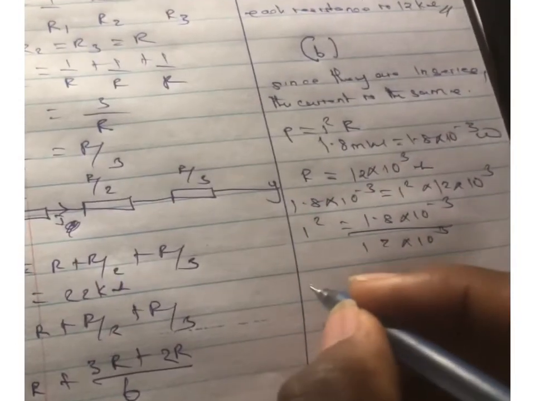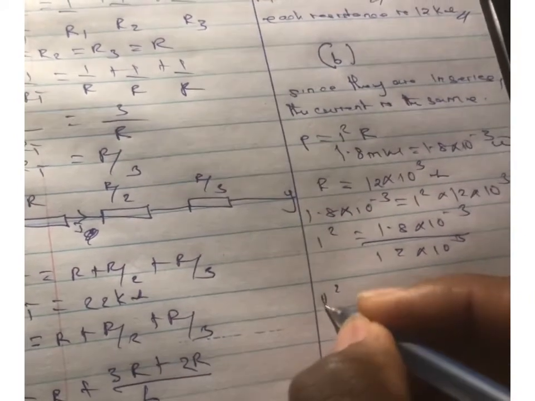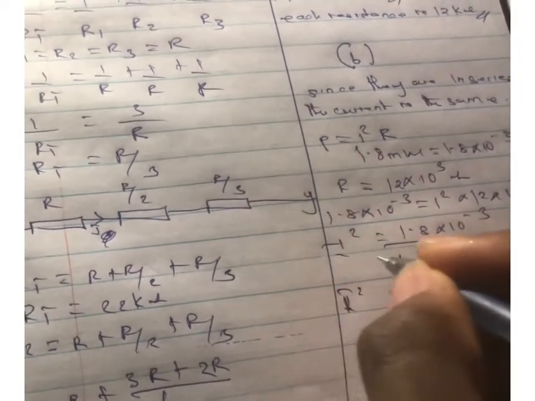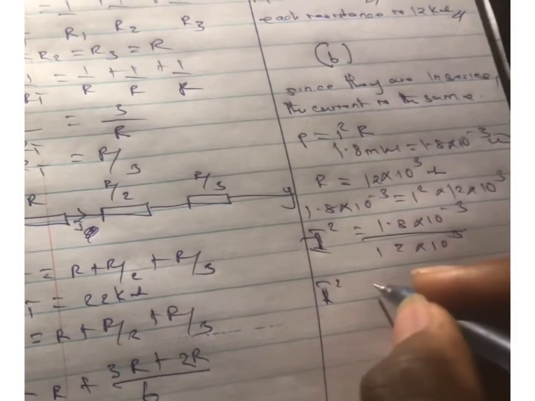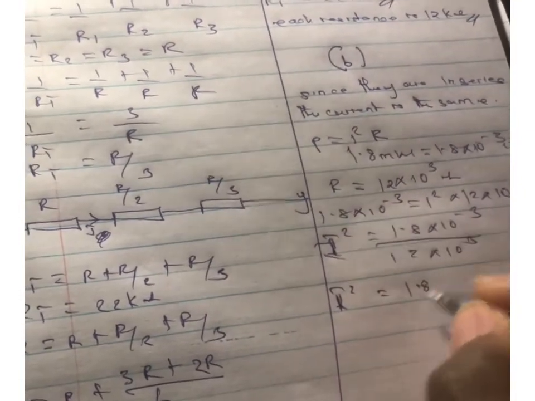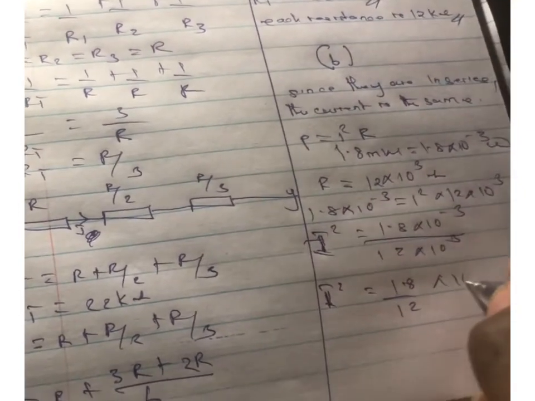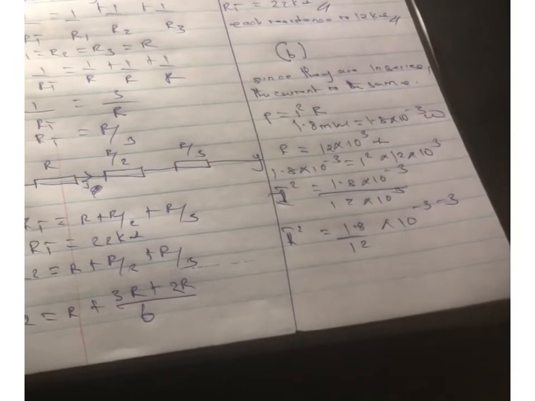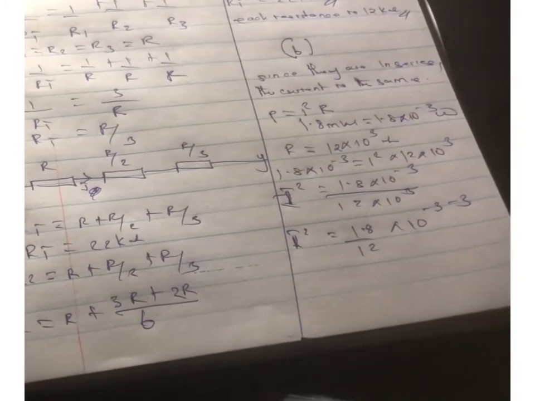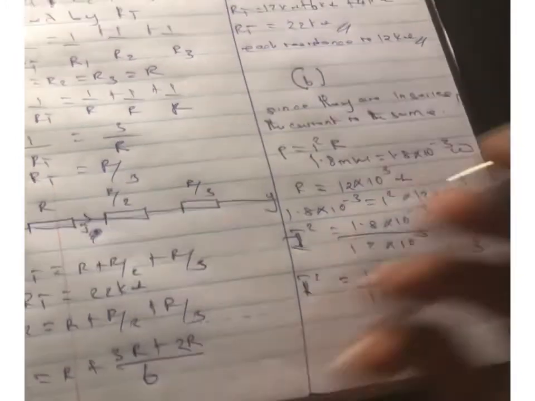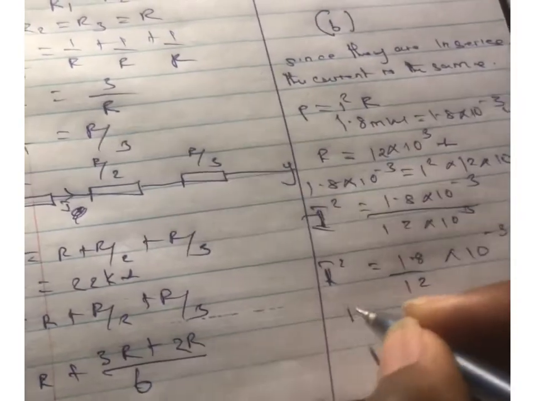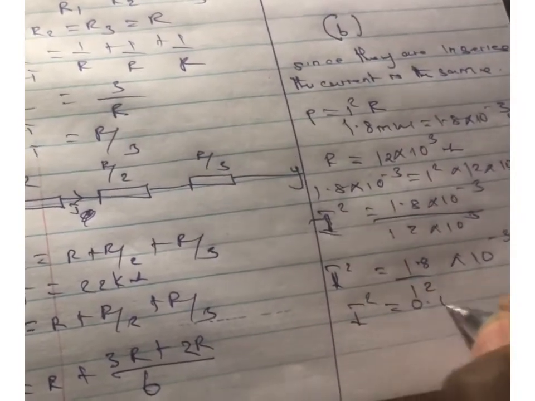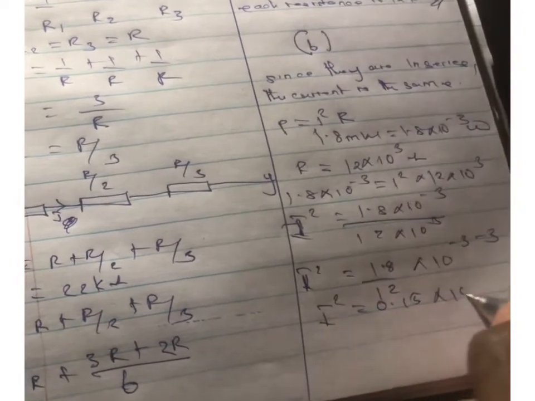Applying the law of indices, the current squared will be equal to 1.8 over 12 times 10 to the power of minus 3 minus 3. So 1.8 divided by 12 gives I squared is equal to 0.15 times 10 to the power of minus 6.